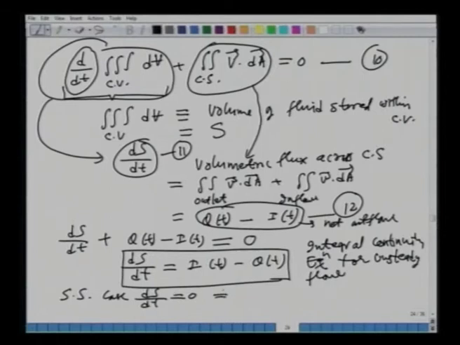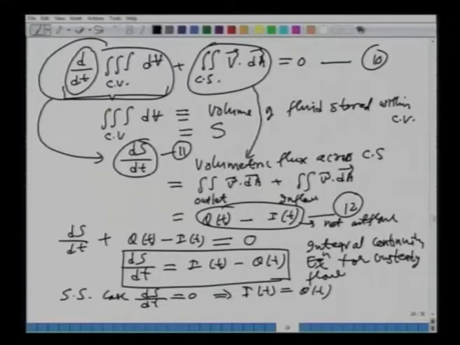That would mean I is equal to Q. Inflow is equal to outflow. If you think of an example of a channel flow in which the same amount of flow is passing through a particular reach of a channel, then we know that the discharge is constant. Same discharge is flowing, so inflow is equal to outflow within any reach. I will number this equation as 13, and this is for the steady flow.